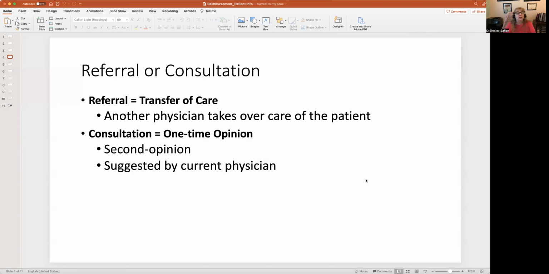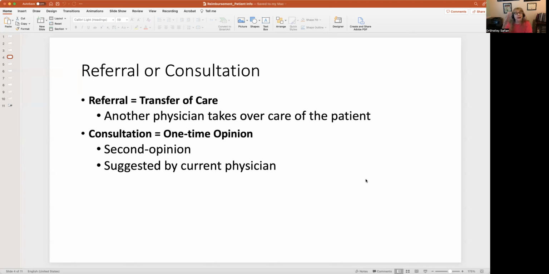The patient goes to see that second oncologist with all of their test results. The second oncologist says yes, no, maybe, writes it in a report, and sends that to the first physician. And the patient goes back to the first physician. So the relationship between the patient and the second opinion is a one-time-only thing.